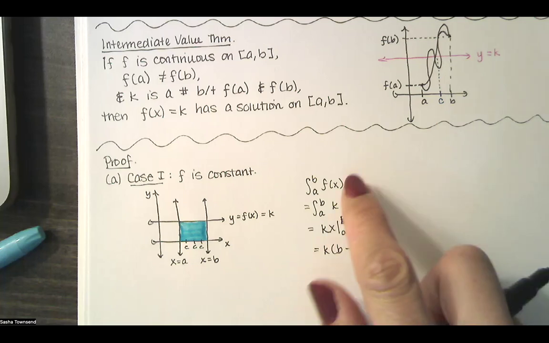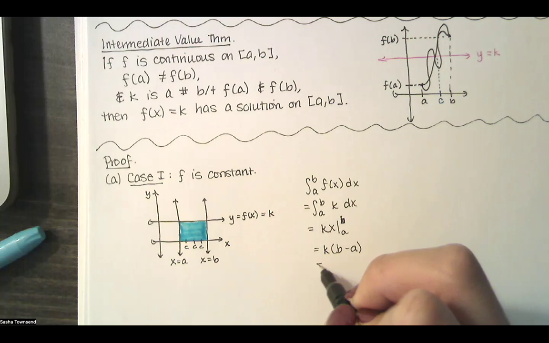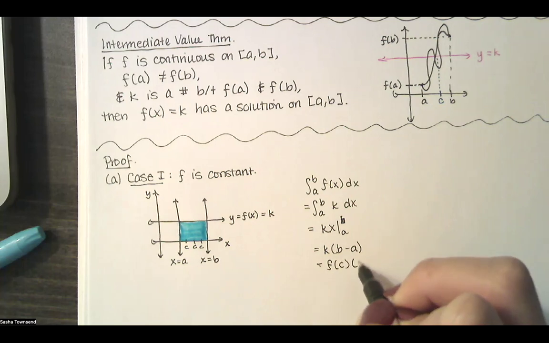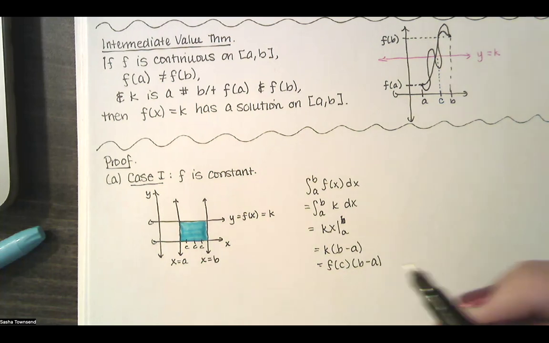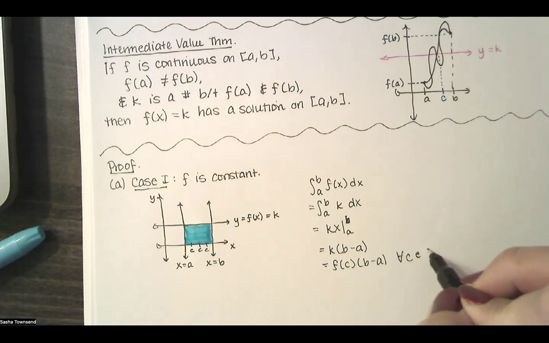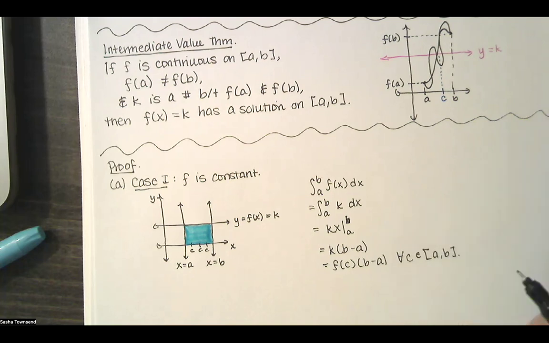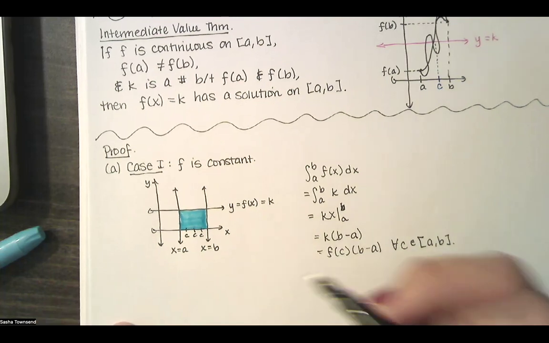So the value of the integral is k times b minus a. Well, that's equal to f of c times b minus a. Not just for one c value, but for every c value in the interval from a to b. So this is actually true.